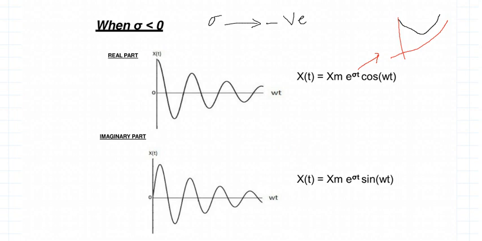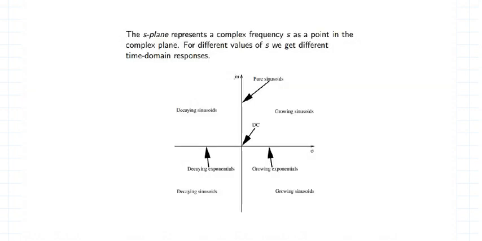So this is the effect of sigma, that is complex frequency, on the real part and the imaginary part for different cases of sigma, when we consider sigma less than 0 and when we consider sigma greater than 0. Right? So summarizing the entire discussion, this is the S plane, friends.